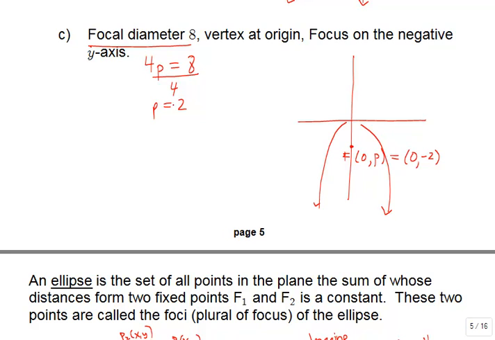So our p should actually be minus 2. Now, because of the shape of this parabola and the fact that it's going down, this is going to have to look like an equation with the x being squared, and that means it's going to have to be x squared equals 4py, and our p is negative 2, so that forces us to have the equation x squared equals negative 8y.